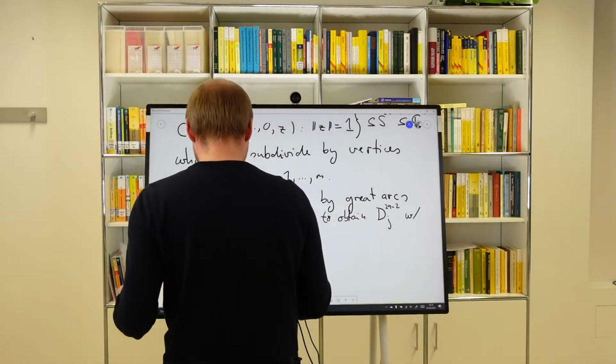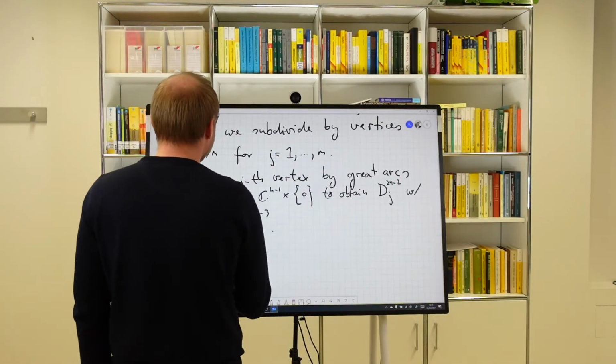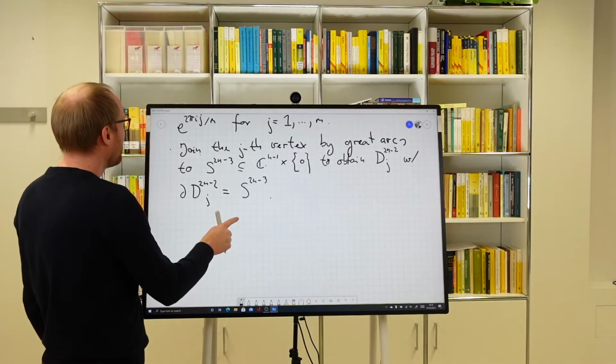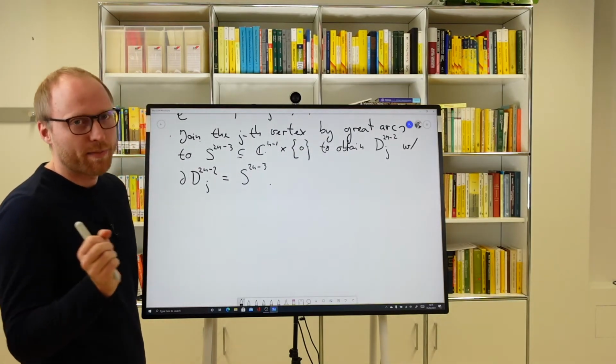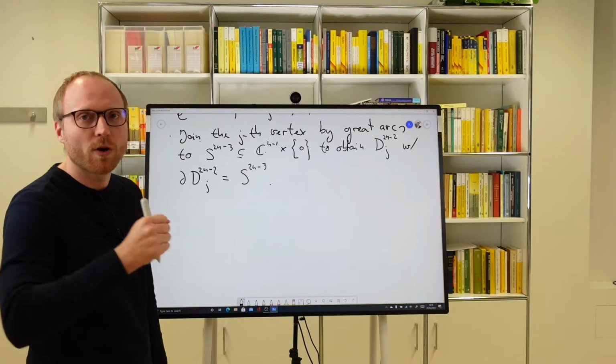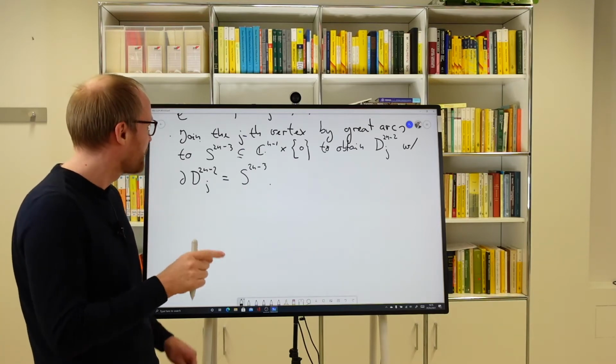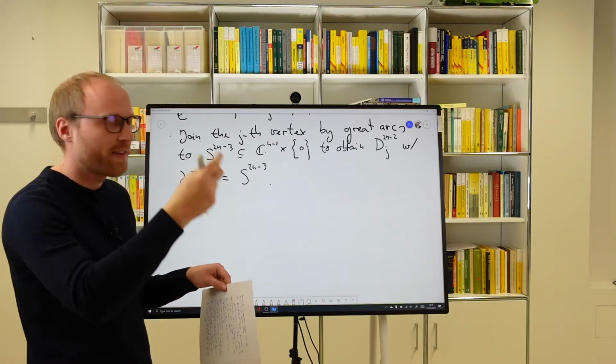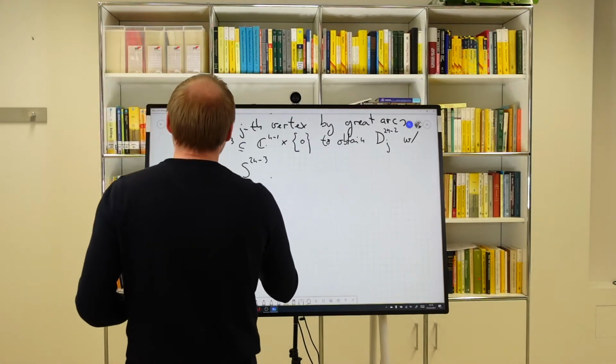Now we do the same thing, not only for the vertices in our fixed circle, but also for the points between those vertices. So we join the whole edge sitting between two such vertices with this (2n-3)-dimensional sphere.